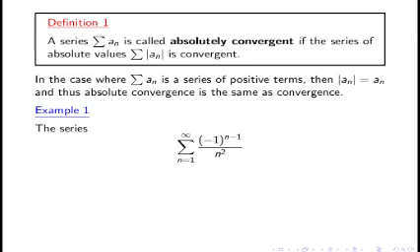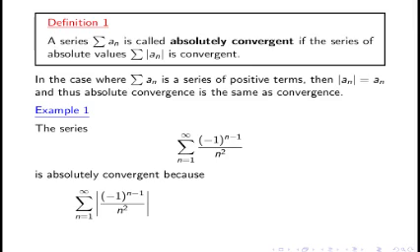Let's look at an example. Look at this series. It's (-1)^(n-1) divided by n squared. The nth term a_n here is (-1)^(n-1), and you can see, because of the minus 1, we're going to have signs that alternate.